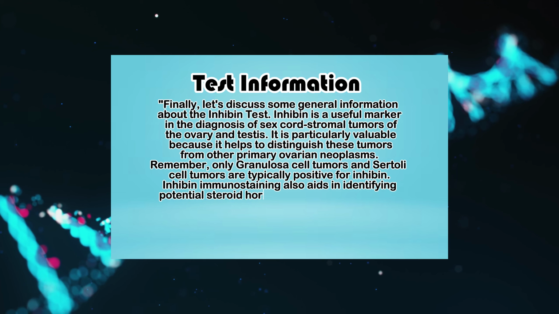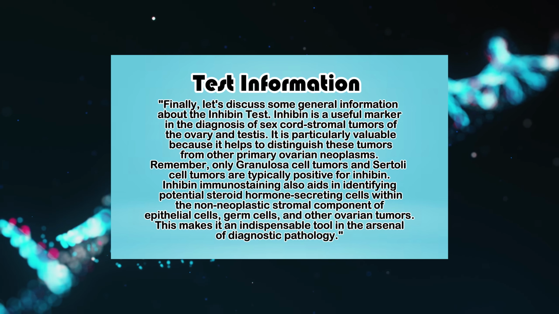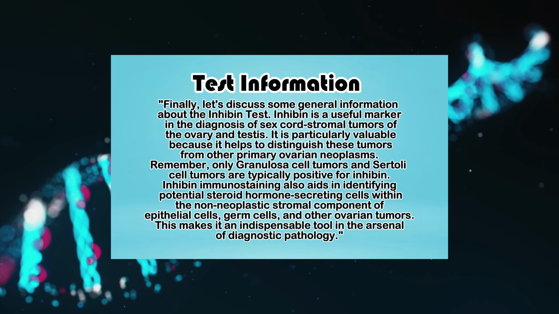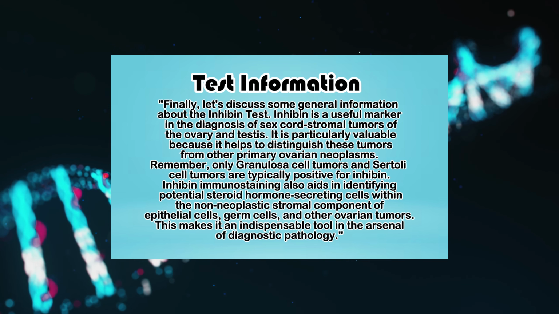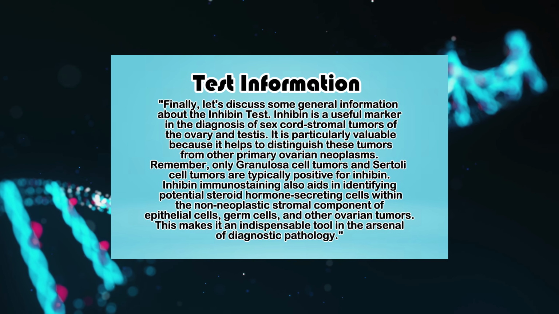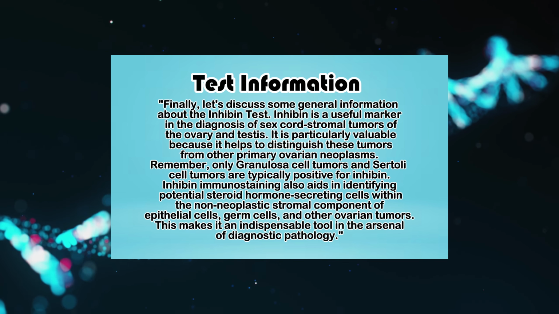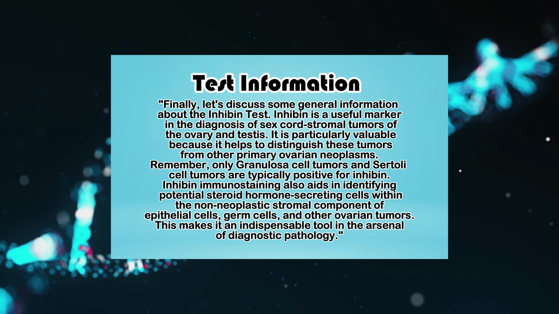General test information. Finally, let's discuss some general information about the Inhibin test. Inhibin is a useful marker in the diagnosis of sex cord stromal tumors of the ovary and testis. It is particularly valuable because it helps to distinguish these tumors from other primary ovarian neoplasms.